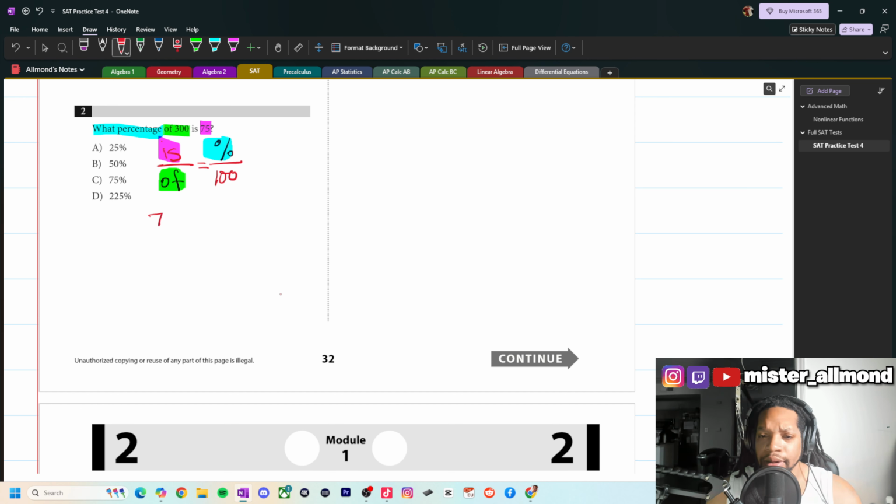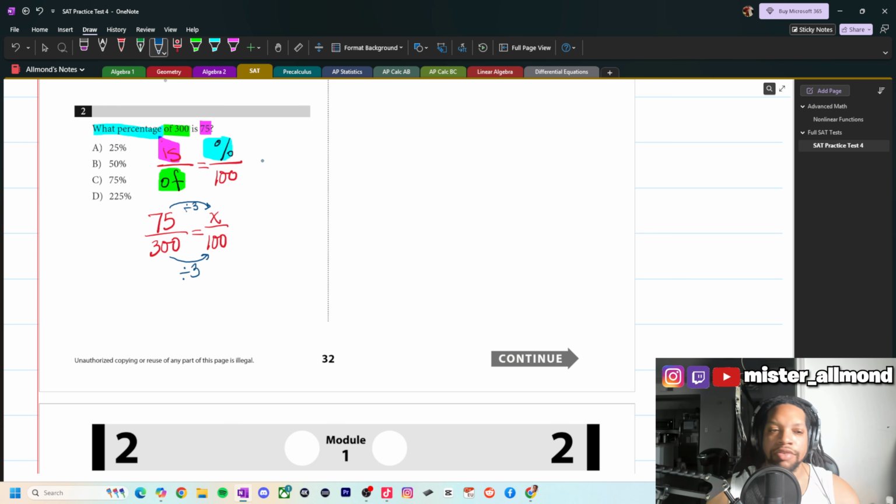So my is 75. My of is 300. Percent is what I want. I'll just put an X. And then what you could do, you could cross multiply, or you can just divide by 3 on bottom, and then you have to divide by 3 on top.